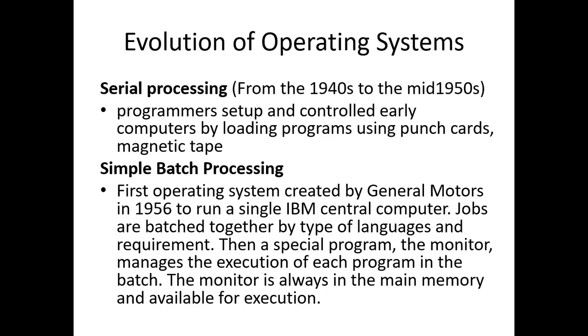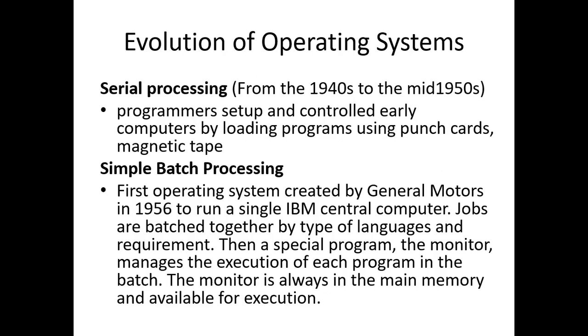So they actually do it themselves. Remember the functions that I was telling you about an operating system earlier? All those functions are being done by the programmer in serial processing. And it started in the 1940s to somewhere in the 1950s.